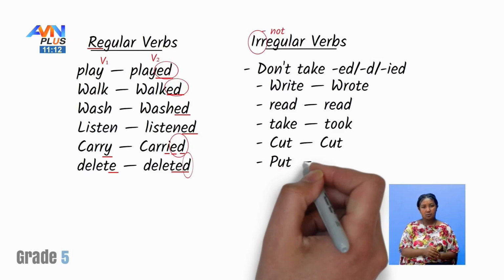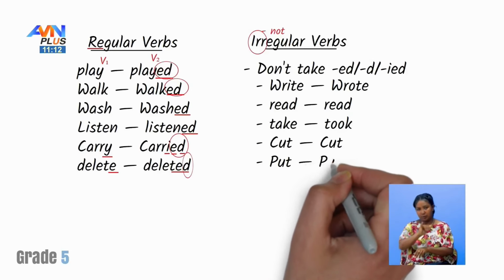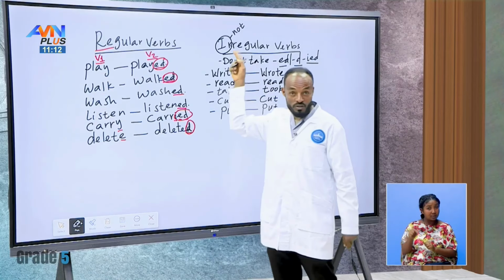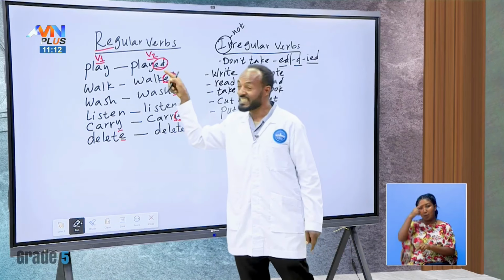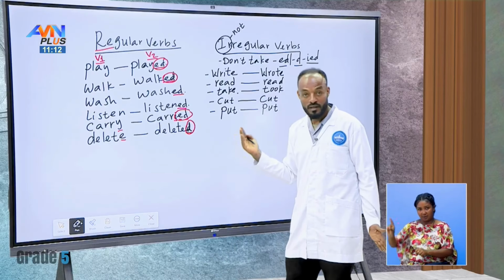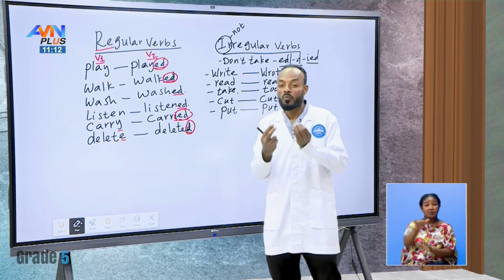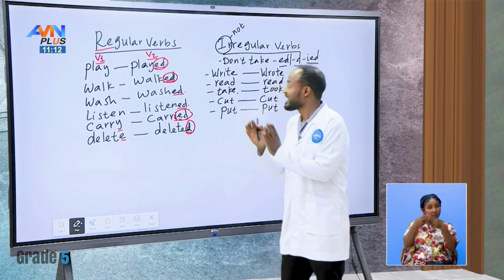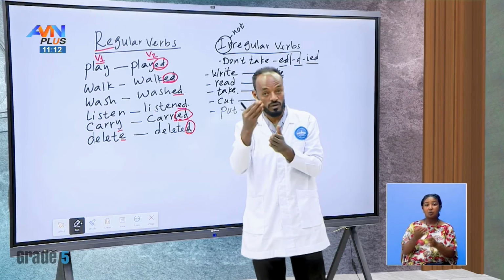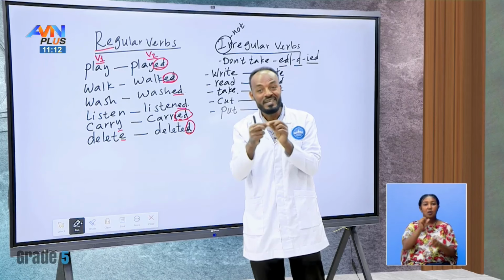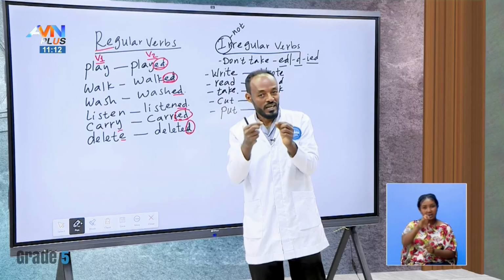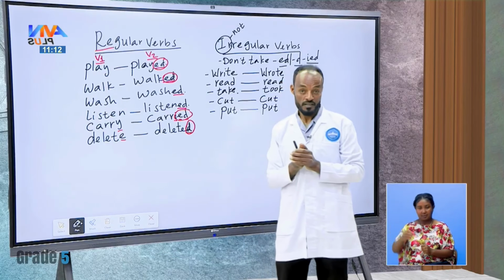It is also put. No change. Still they are irregular because they are not taking ed, d, or ied. Such kinds of words are considered irregular verbs. As we said so far, an irregular verb means the verb which cannot take d, ed, or id. Good, students.